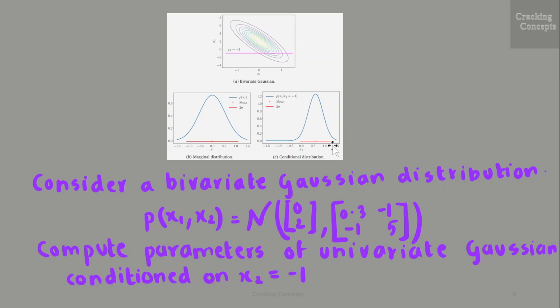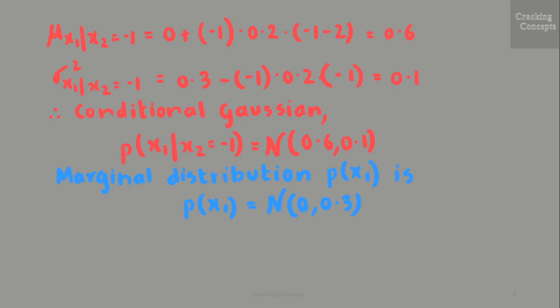is also a Gaussian. We can compute the parameters of the univariate Gaussian, which is conditioned at the value x2 equal to -1, by applying the previous equations to obtain the mean and variance respectively. So that will be mu of x1 given x2 equal to -1.